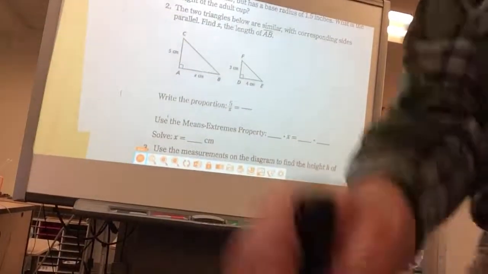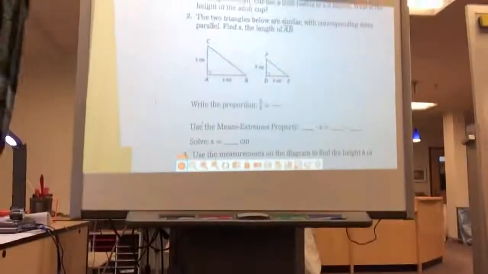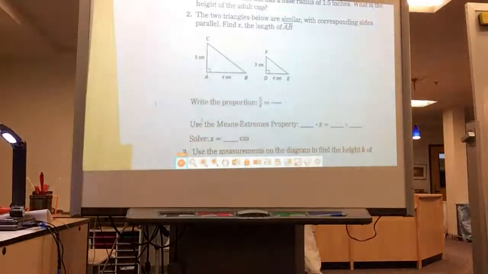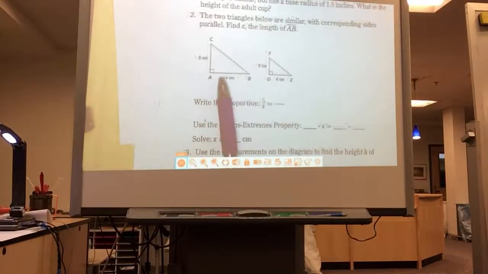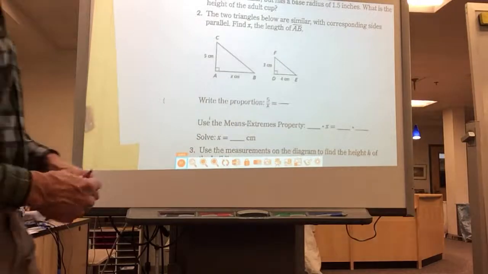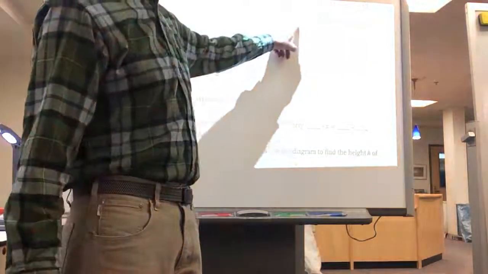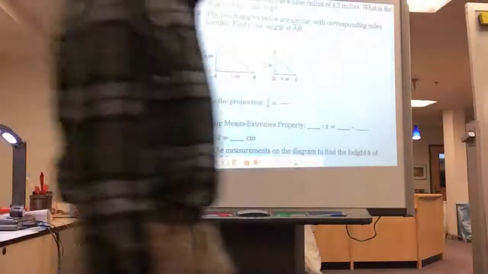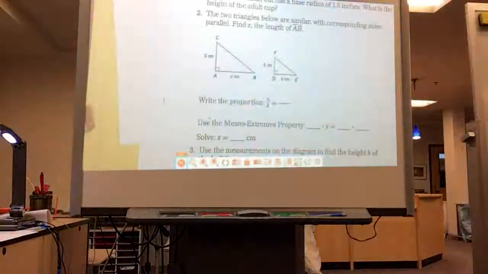Okay, I know it's crooked, but that's okay. So if we have to figure out how many centimeters side AB is, here they're saying find x, the length of segment AB. Set that up, solve it.